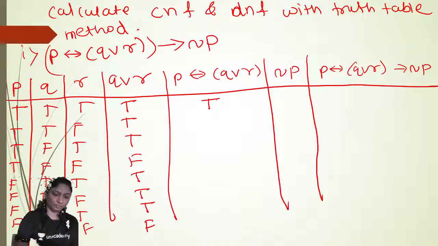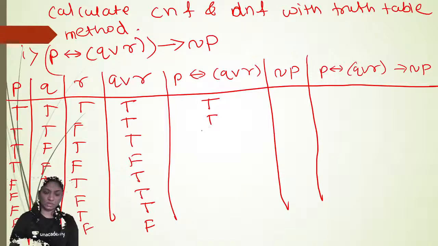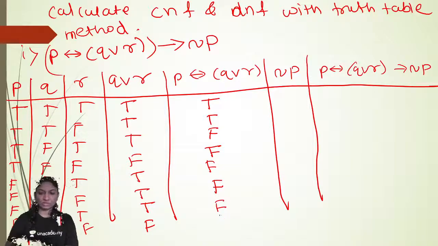True. T T T T T T. Then T F F F T F F T F F T F. If both are false, then also it is true.